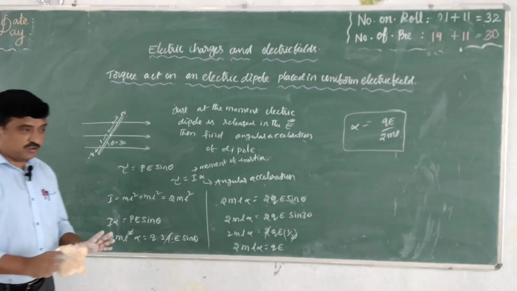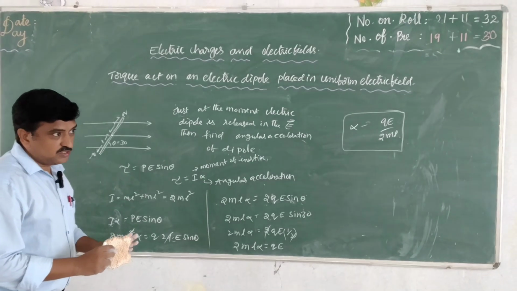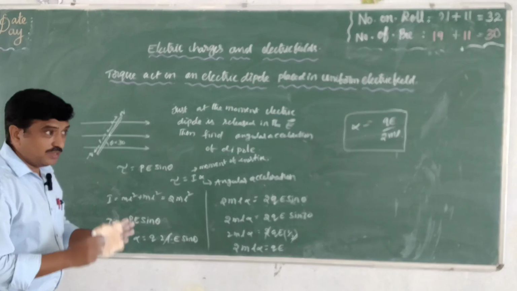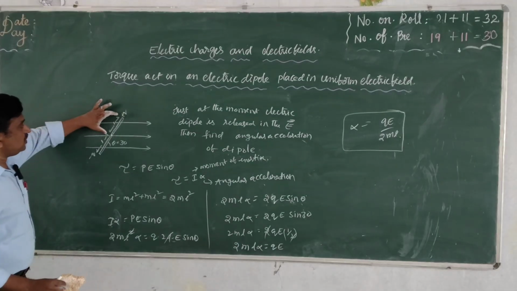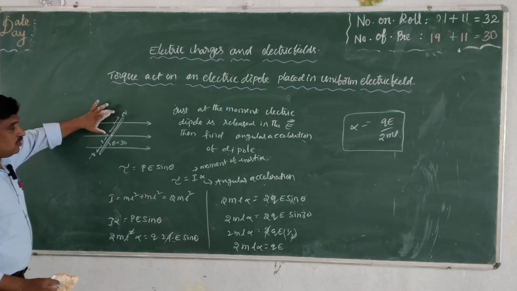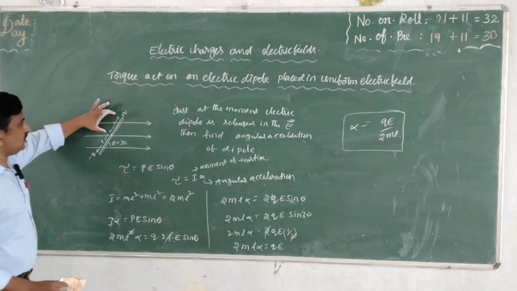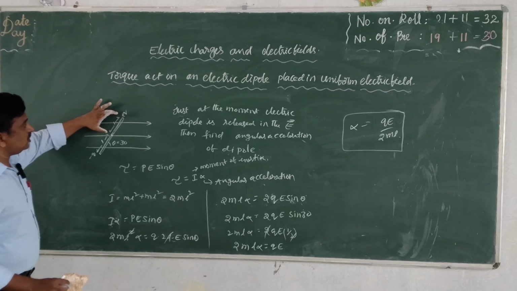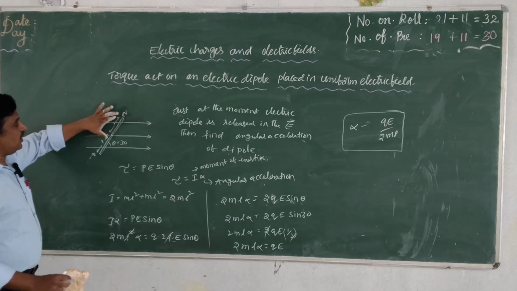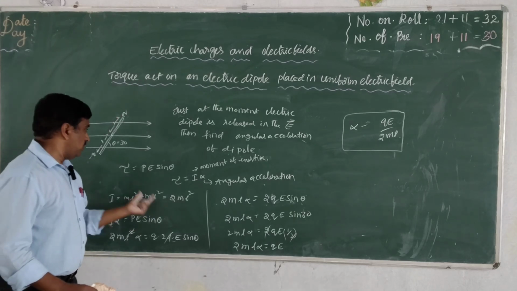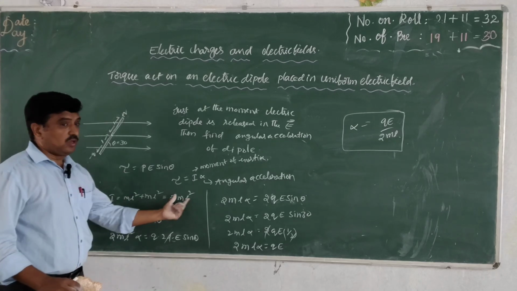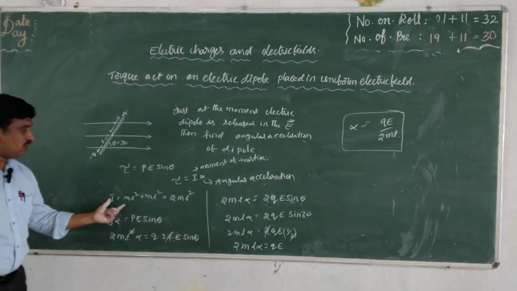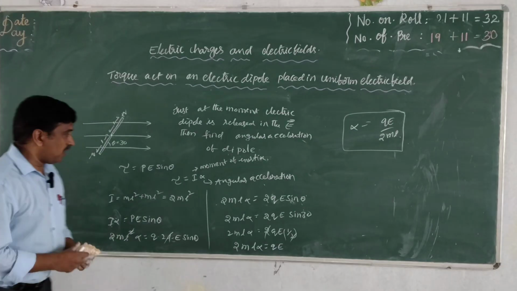Moment of inertia is the product of mass and the square of the distance between the mass and the axis of rotation. So this particle is ml square, and the moment of inertia is 2 ml square.